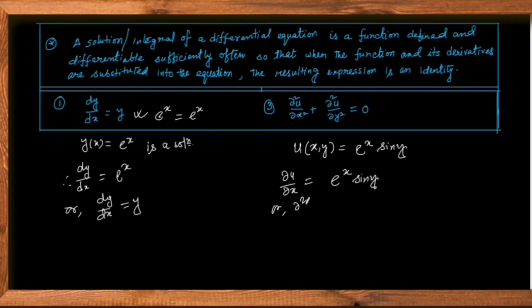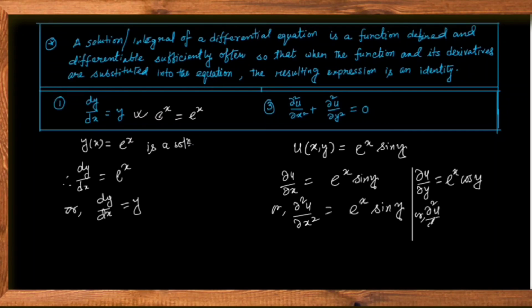If we calculate del^2u/del x^2, similarly we get e^x sin y. Okay, let's calculate del^2u/del y^2. First calculate del u/del y. So e^x remains the same and the derivative of sin y is cos y. Then del^2u/del y^2 is nothing but e^x and the derivative of cosine, which is negative sin y.